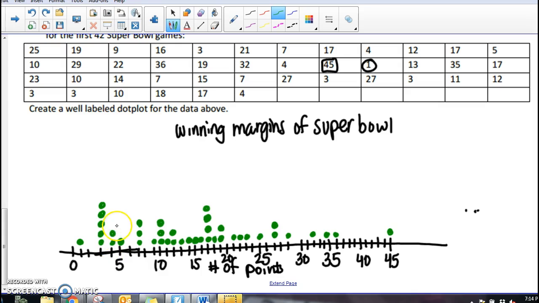And 4. So this would be a dot plot of the data of winning margins.